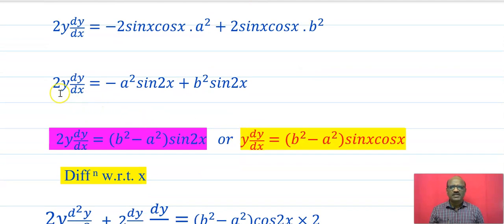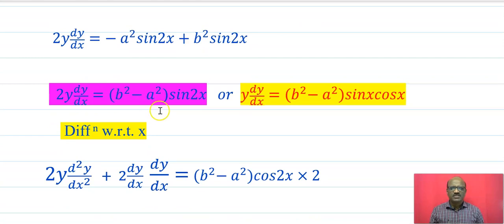Now see this term, 2y into dy by dx: take sin 2x common from these two, in bracket you will get b square minus a square into sin 2x. It is written like this: y into dy by dx equals b square minus a square into sin x into cos x. Now remember this term, we will require this term afterwards.